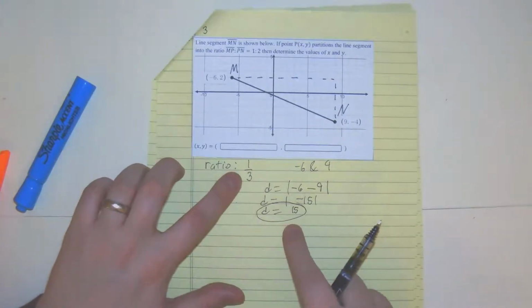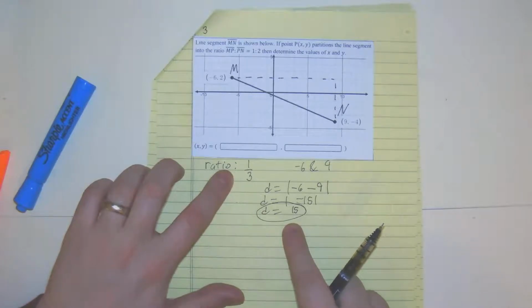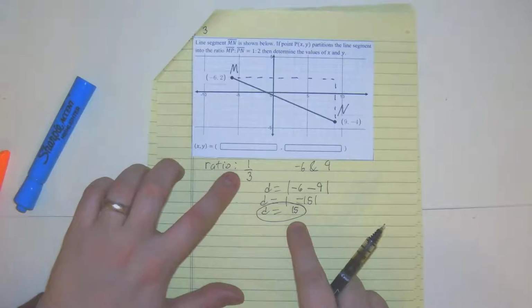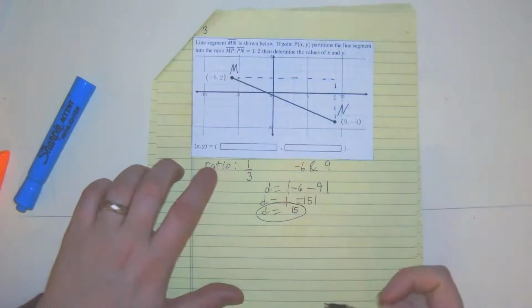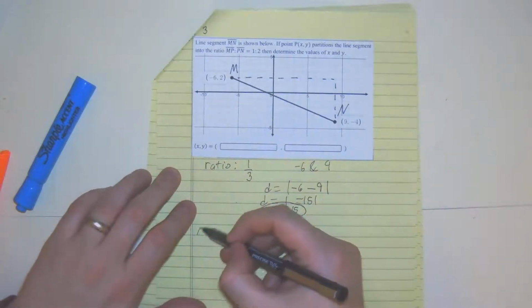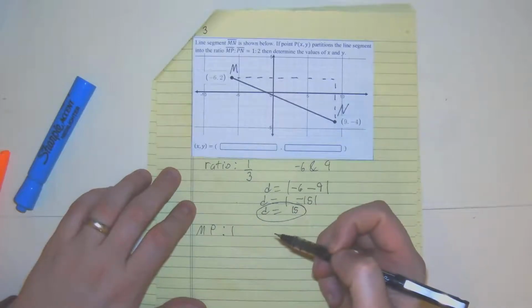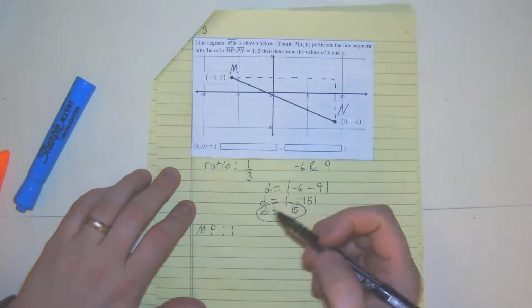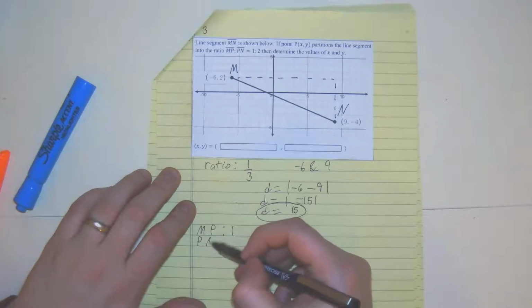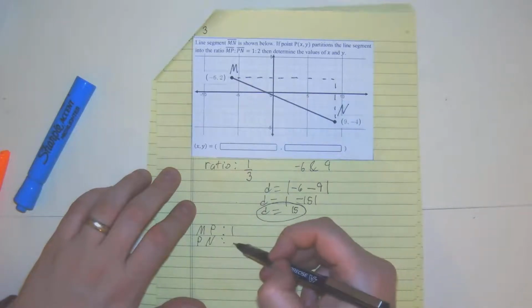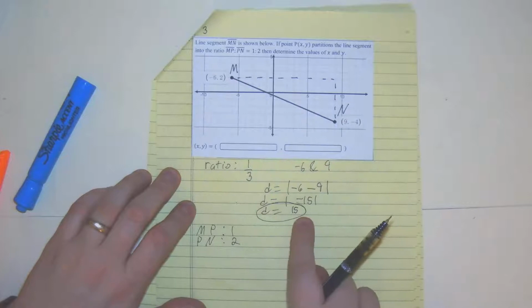So if the ratio is 1 to 3, the first thing we need to do is divide the 15 by 3, because the distance from M to P is going to be 1 part, and the other portion, P to N, is going to be 2 times greater. So the distance here would be 1/3.